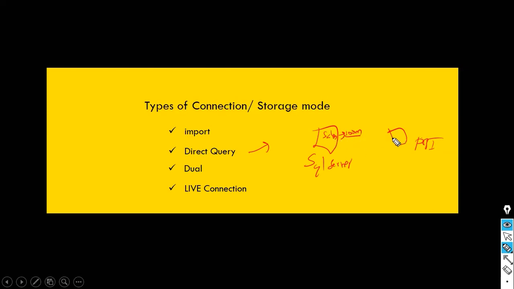Using the data gateway, Power BI generates a SQL query, maybe 5 or 6 lines of SQL. It sends the query to this SQL Server. Here itself, the query will get executed, and the output of the query will be sent back to your Power BI desktop.